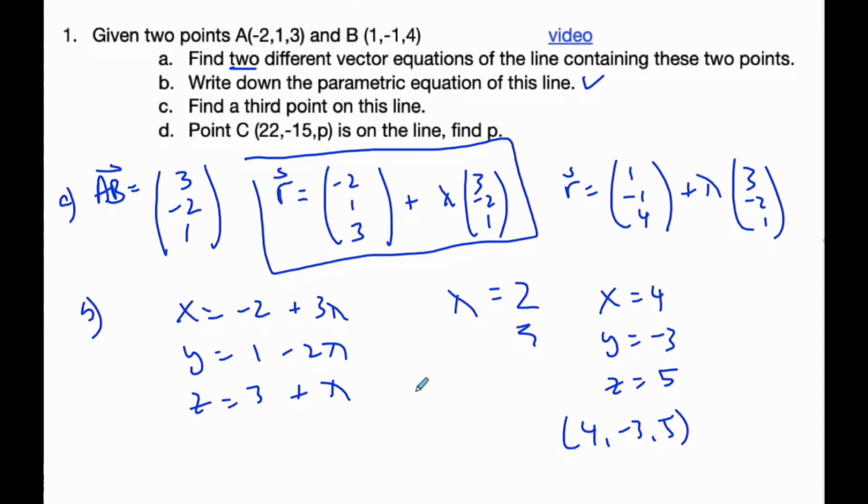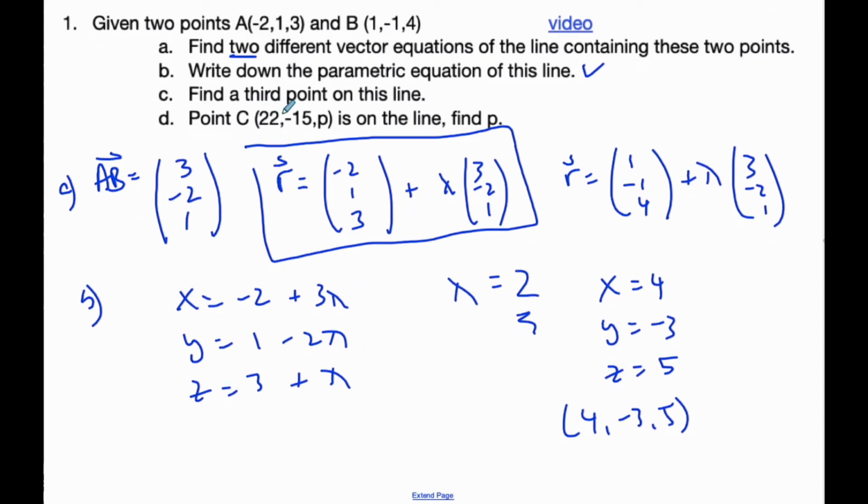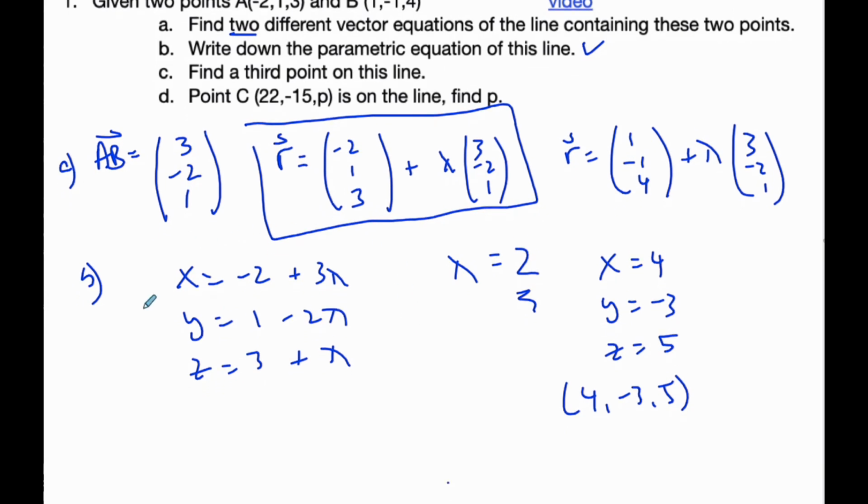And finally, we're told that point C is (22, -15, p). It is on the line. We want to find p. Well, if I use my parametric equations, I know that 22 is going to equal -2 plus 3 lambda.